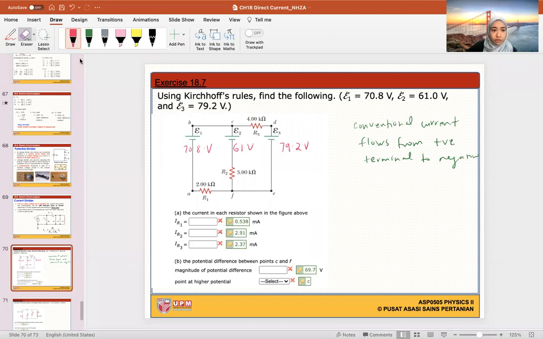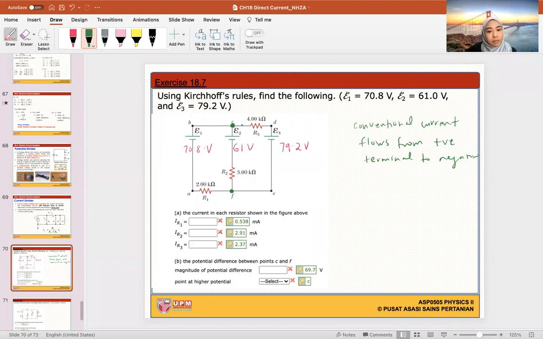Okay, so moving on, I want to label my current based on the conventional current flow. So let's see. I want to put this guy as my junction. I can also make F as my junction. It doesn't really matter. As long as there's a junction, you can make it your junction.